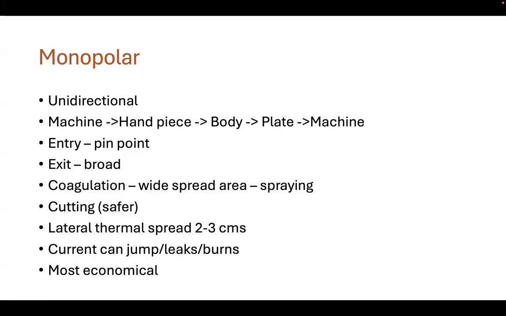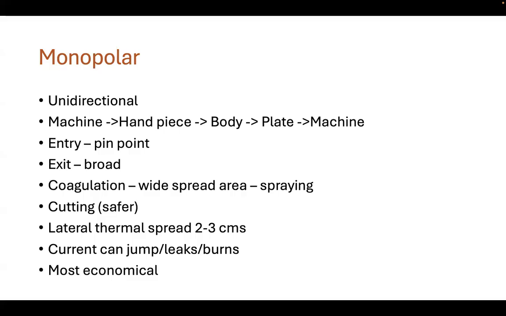Many times, if there is a leakage of current at the site of exit, or faulty insulation, or if proper body contact does not happen between the widespread plate and the body, like if you put it over bony prominences, or there is tissue, cloth or a cable coming in between, and the exit point is narrowed or becomes pinpoint, there is a high chance of burns happening there. This phenomenon is only seen in monopolar because it is a unidirectional current and this entire loop has to be completed.